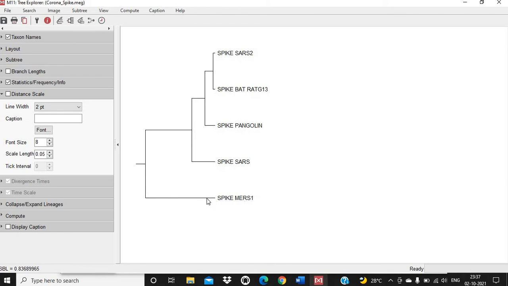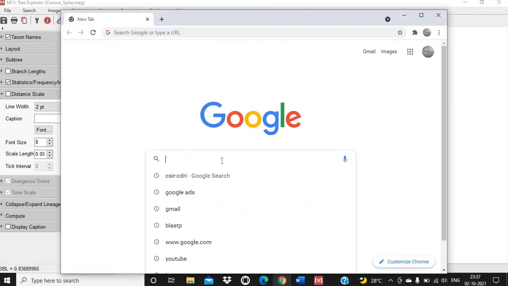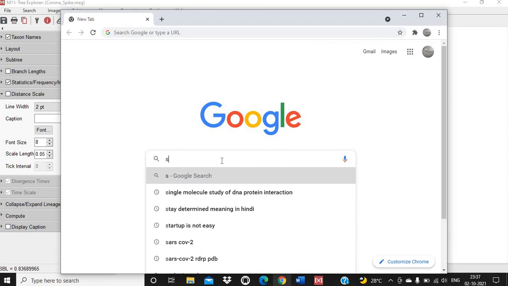If we see the branch length here, if we go through all these branches, it's distantly related. In this way, if we try to validate it by searching the literature, we will see that the spike protein of SARS-CoV-2 is around 98% identical to the spike protein from bat RaTG13. So let's search this. So spike.